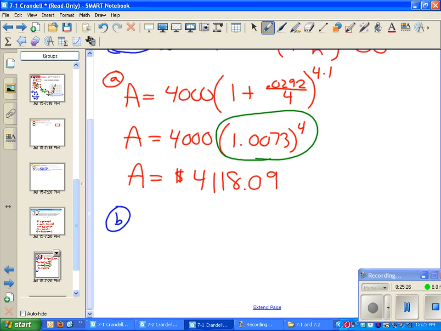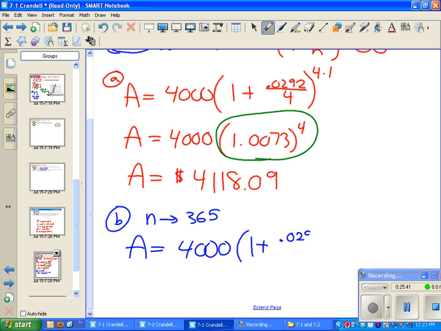Okay. And then if you didn't get the answer, let's see. N is equal to 365, so when I set this up, my amount is going to be 4,000 times 1 plus 0.0292 divided by 4, and that's going to be 365 days times 1 year.